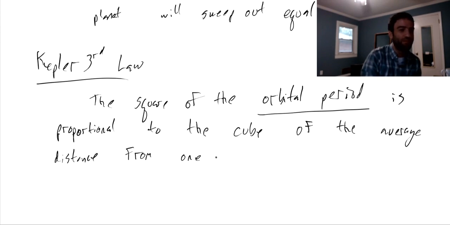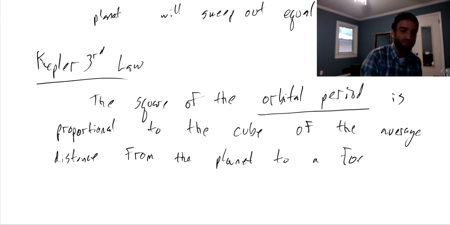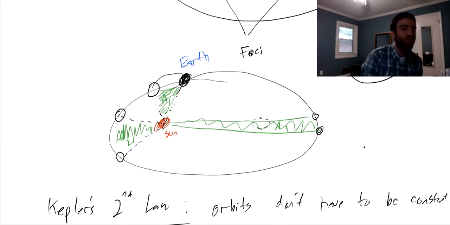From one focus, the average distance from the planet to a focus. Okay, and so what does this mean? Along this trajectory, as the Earth moves around the Sun, the Earth is at different distances from the Sun.